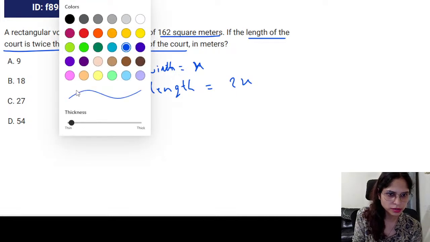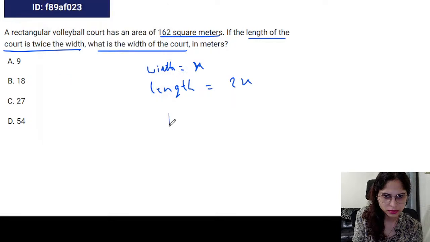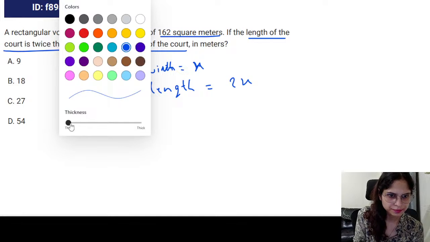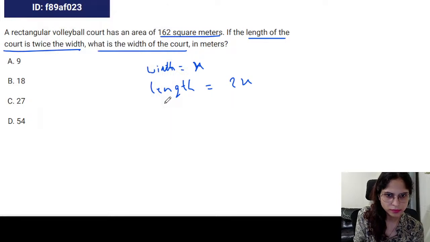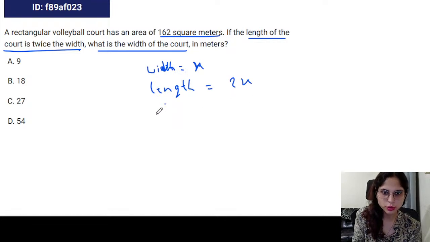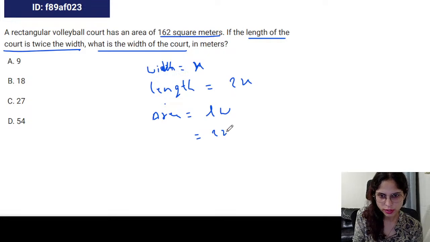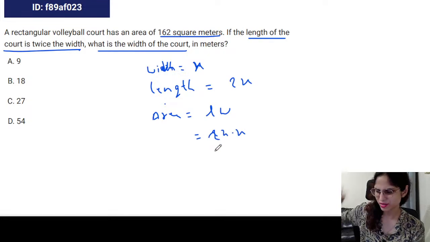Why is it not working fine? Yeah, so width is your x, length is going to be 2x, and area is length times width. So this is 2x times x. It is not writing properly.